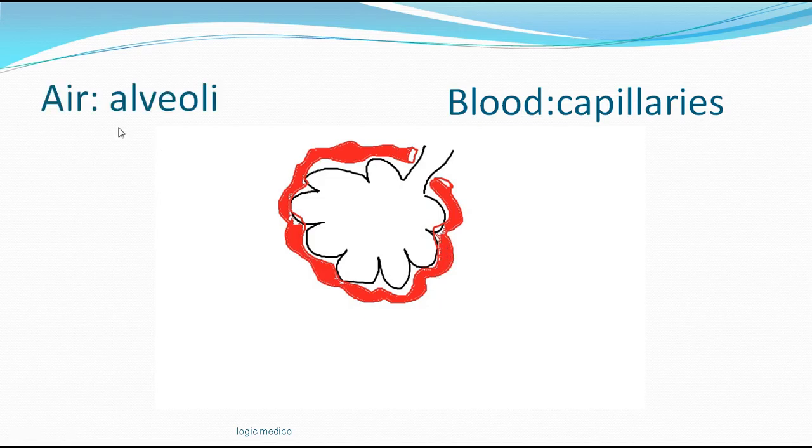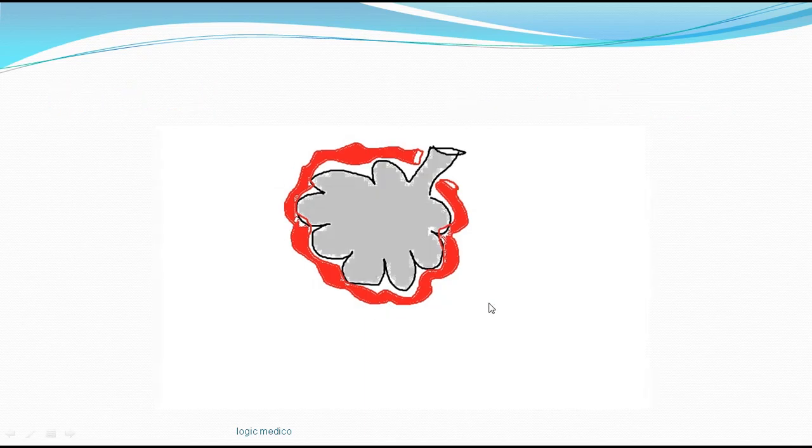Oxygen will diffuse into the capillaries, while from the pulmonary capillaries CO2 will diffuse into the alveoli. That is the exchange of gases which takes place between the alveoli and the pulmonary capillary. So blood will fill up the capillary which carries carbon dioxide, and air will fill up the alveoli which carries oxygen. So there is exchange of oxygen for CO2 between the alveoli and the capillaries.